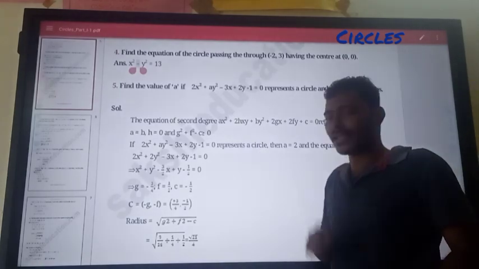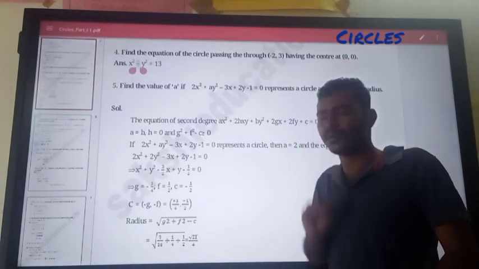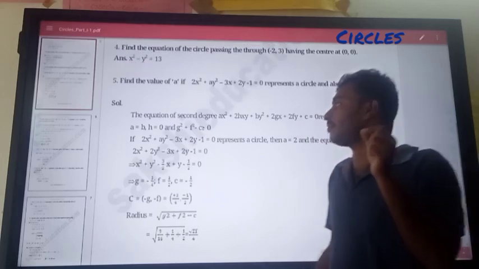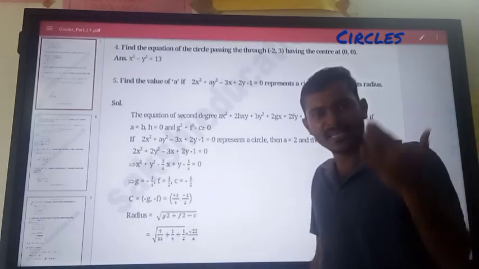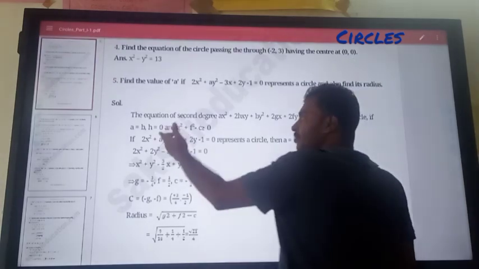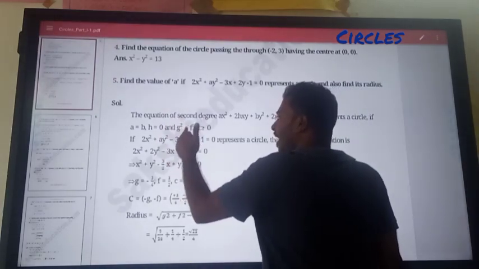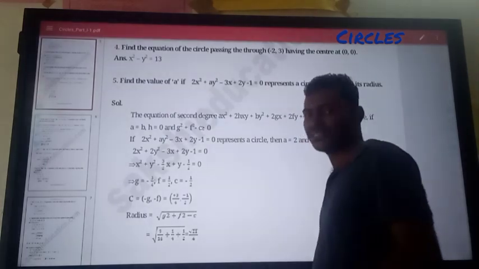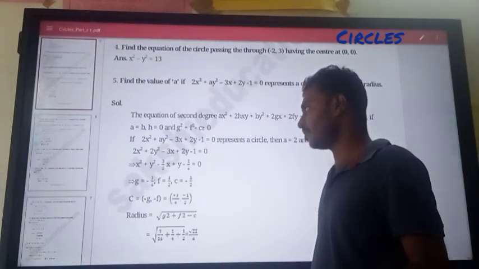So everyone has to note this down and remember it. If we say that a second degree equation is a circle, it must satisfy three conditions.